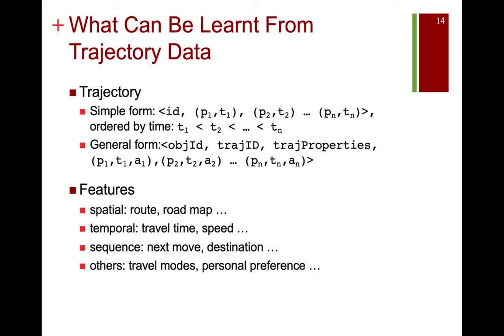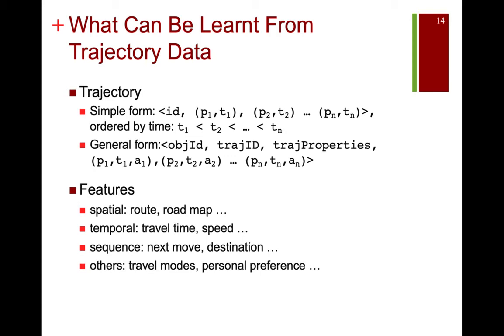As for the sequence information, we can learn the next movement from the sub-trajectories of one complete trajectory, or by looking at some historical traces, we can infer the destination of the trajectory as well. Moreover, other information such as travel modes and personal driving preference can also be captured by the trajectory data.